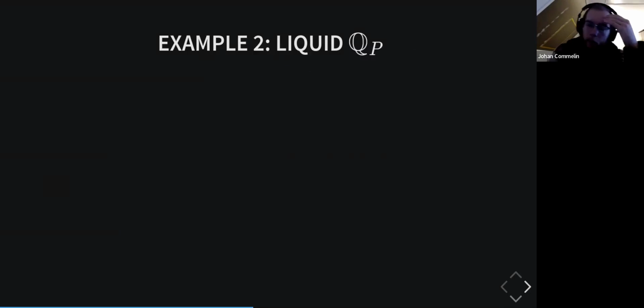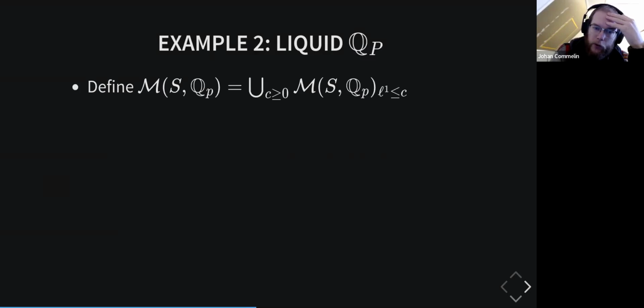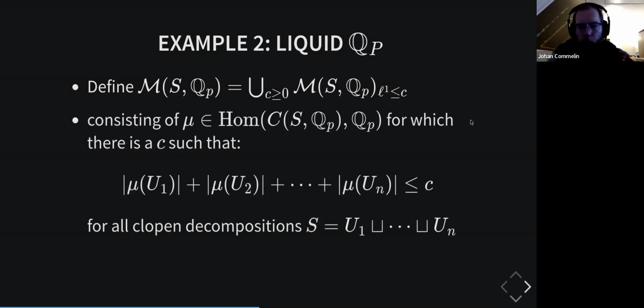So then we can try to play this game of measures also on the p-adic numbers. We have the p-adic numbers, and we're going to define a space of QP valued measures on S. It's going to be the union of all QP valued measures that have some sort of norm that is bounded by a real number C. So let's look at what exactly we mean by that.